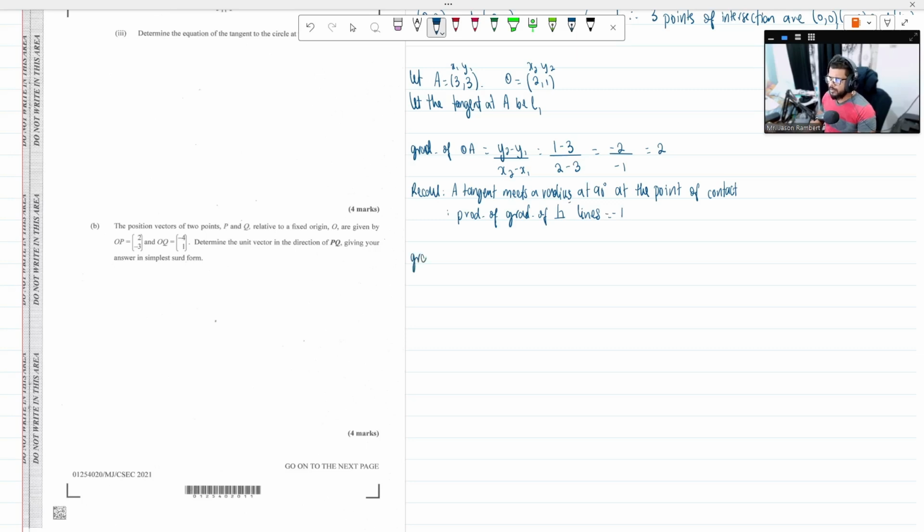Now I can say that the gradient of L1 is going to be minus a half. And I already have the reason right above here.